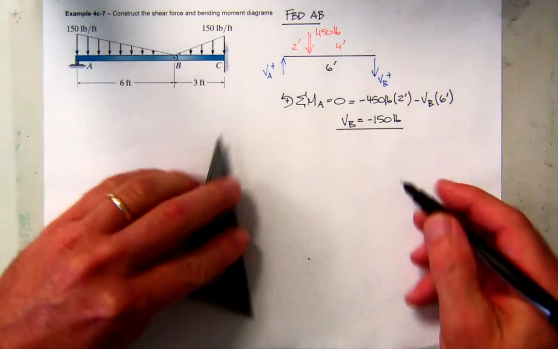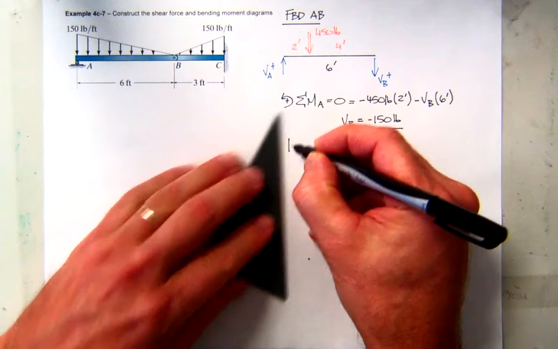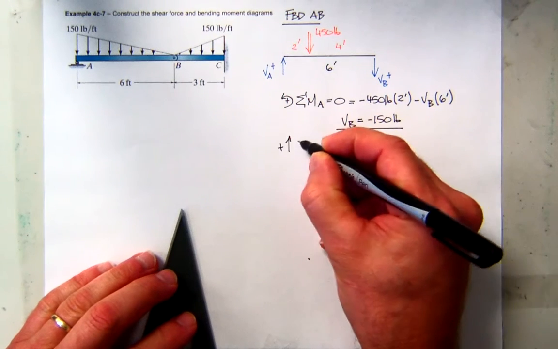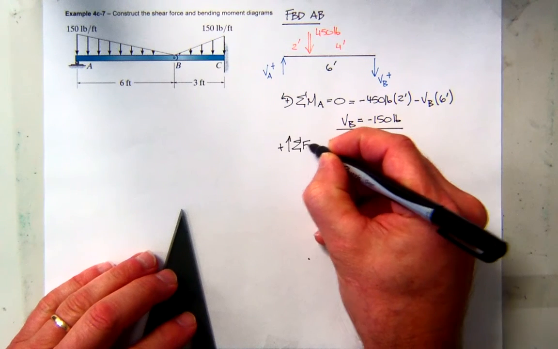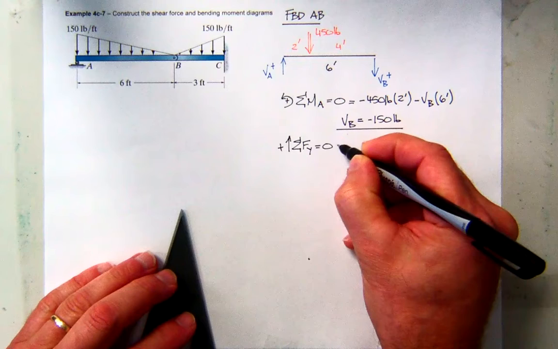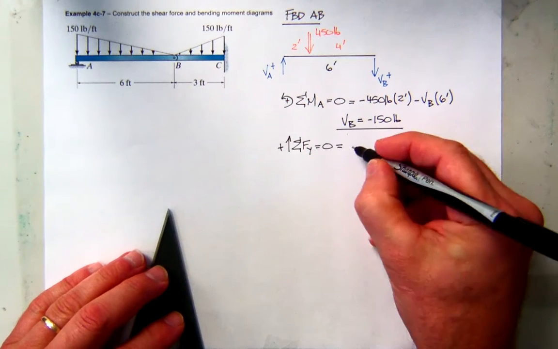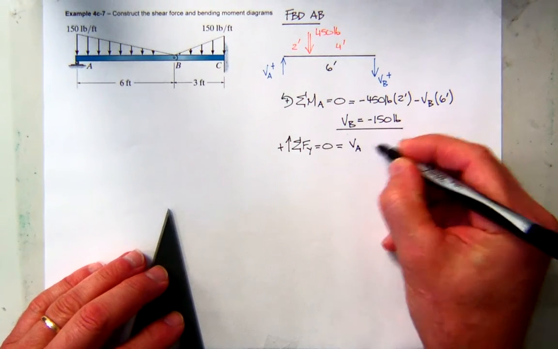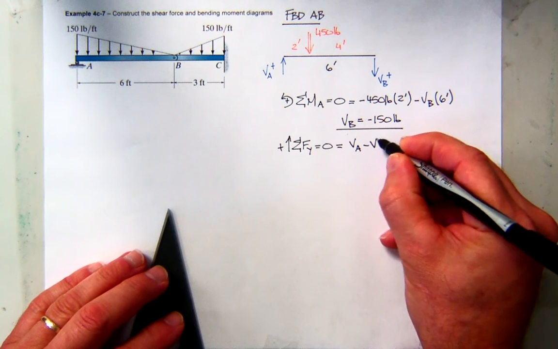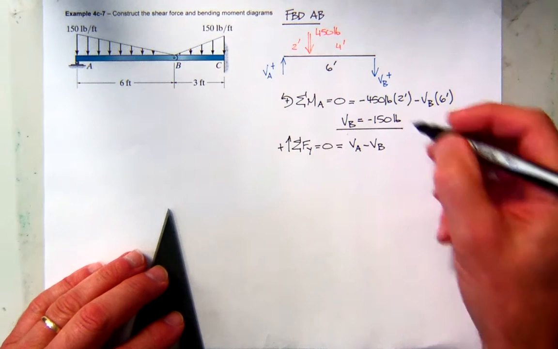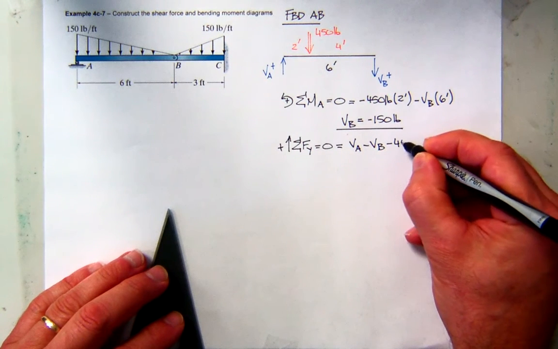I can find the shear at A now. All I have to do is sum all my forces in the vertical direction and make sure they're in equilibrium. So I'm going to assume up is positive, so the shear at A is up. The shear at B is down. My concentrated equivalent force is down.